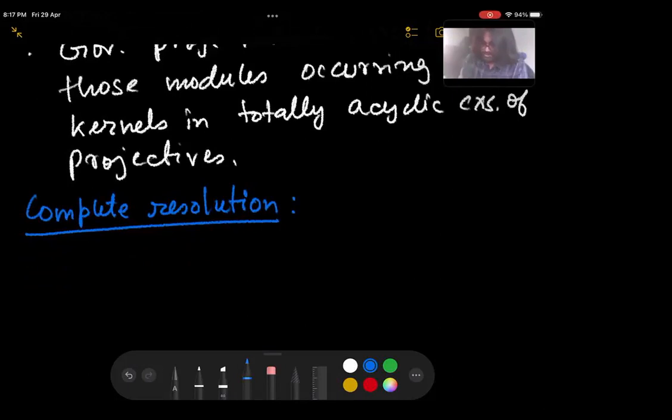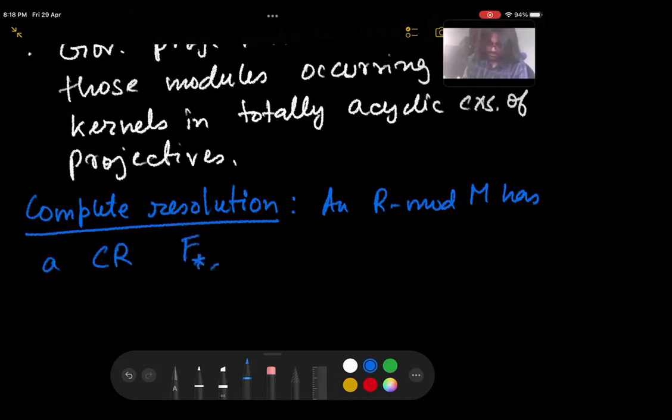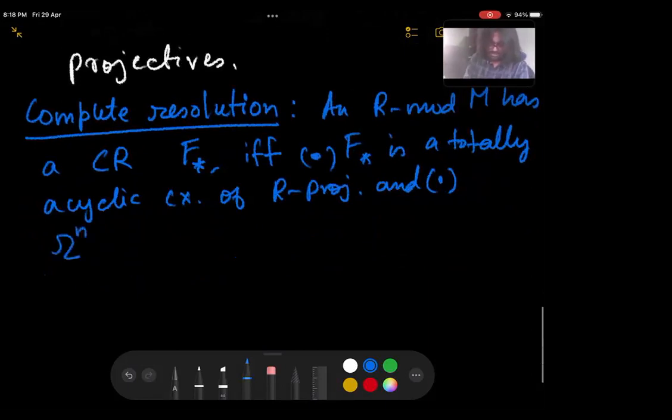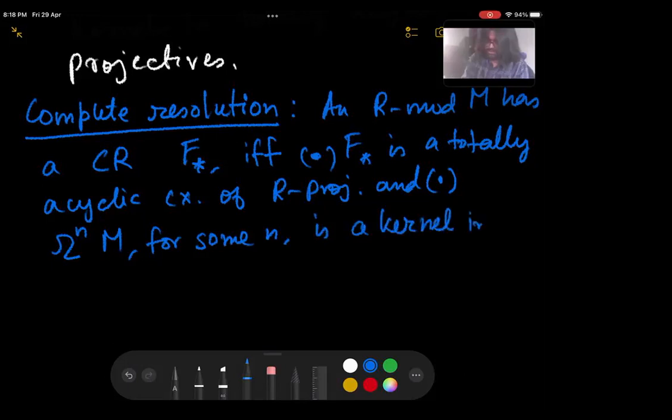So let's say I'm taking an R module, M, has a complete resolution as an R module, let's say F star, if and only if F star is a totally acyclic complex of projectives, of course, and some high enough syzygy of M is a kernel in F star.